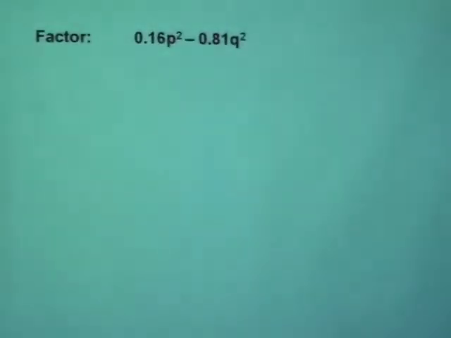Well, yes you can. You see, 0.16 is actually obtained by squaring 0.4. So 0.16p squared is 0.4p raised to the power of 2.